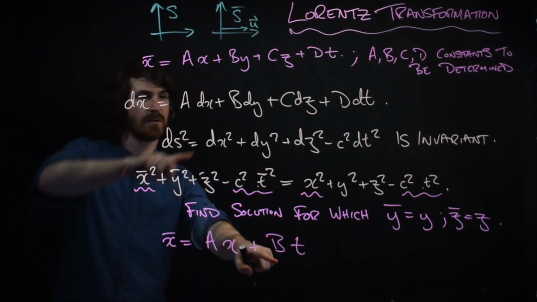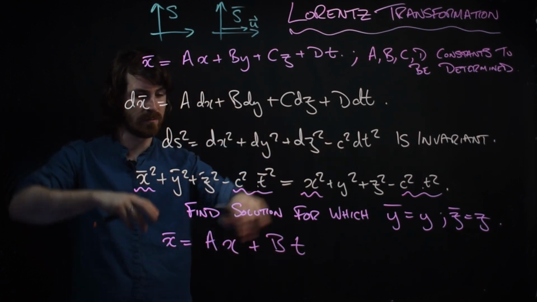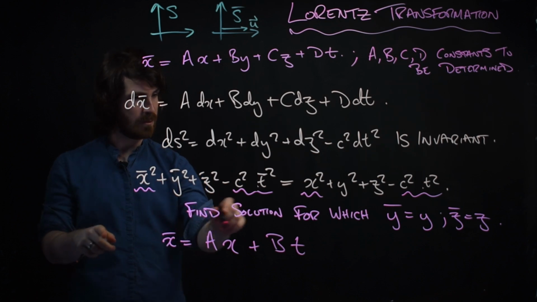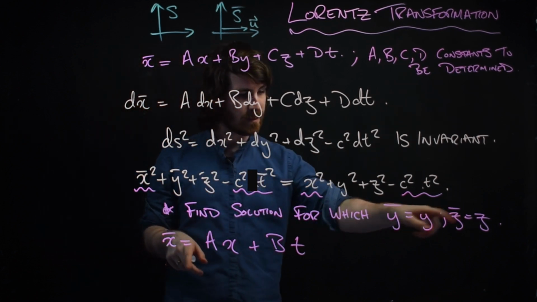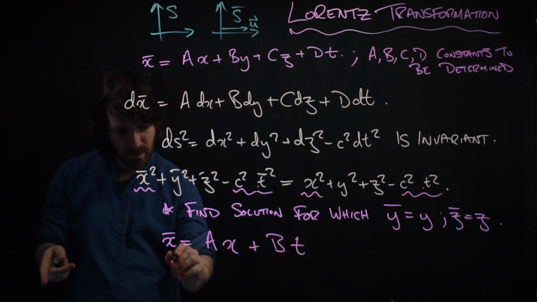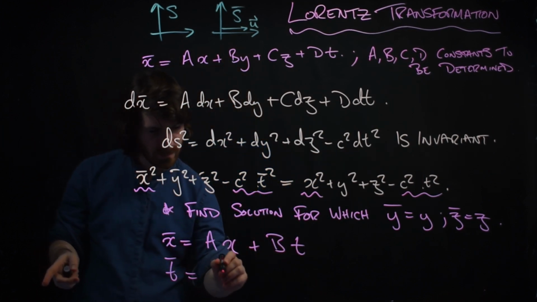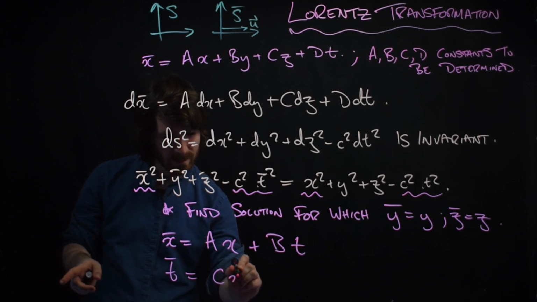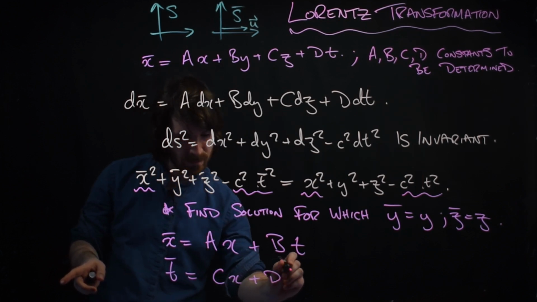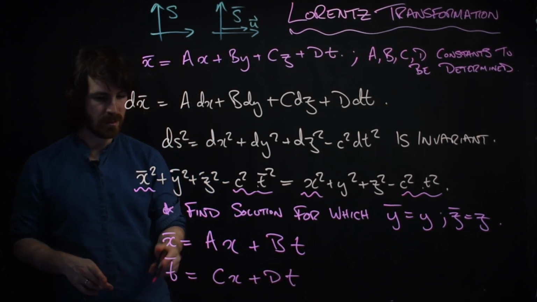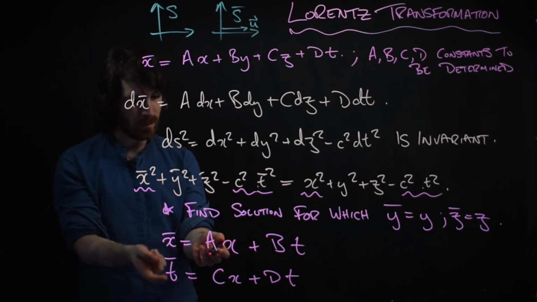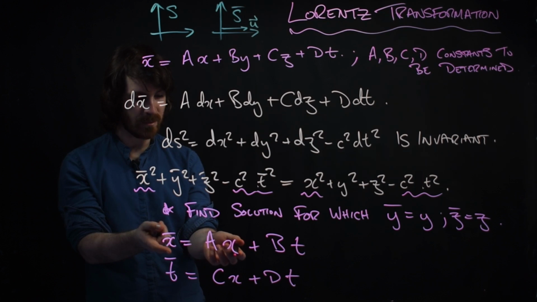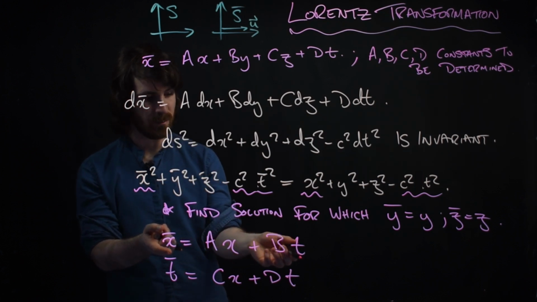This b is not the same as the earlier b, so forget about that. We're now in the special case where we're only considering x and t. And t bar equals c x plus d t. So our barred coordinates x bar and t bar are each some constant times unbarred x plus some constant times unbarred t.